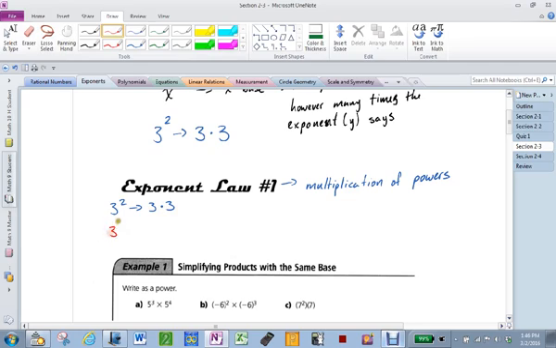And then if I have 3 cubed, what does that mean? 3 times 3 times 3. So, what does it mean to have 3 squared times 3 cubed? 3 times 3 times 3 times 3 times 3. Do math guys like to write that out? No. So what would they write instead? 3 to the 5.